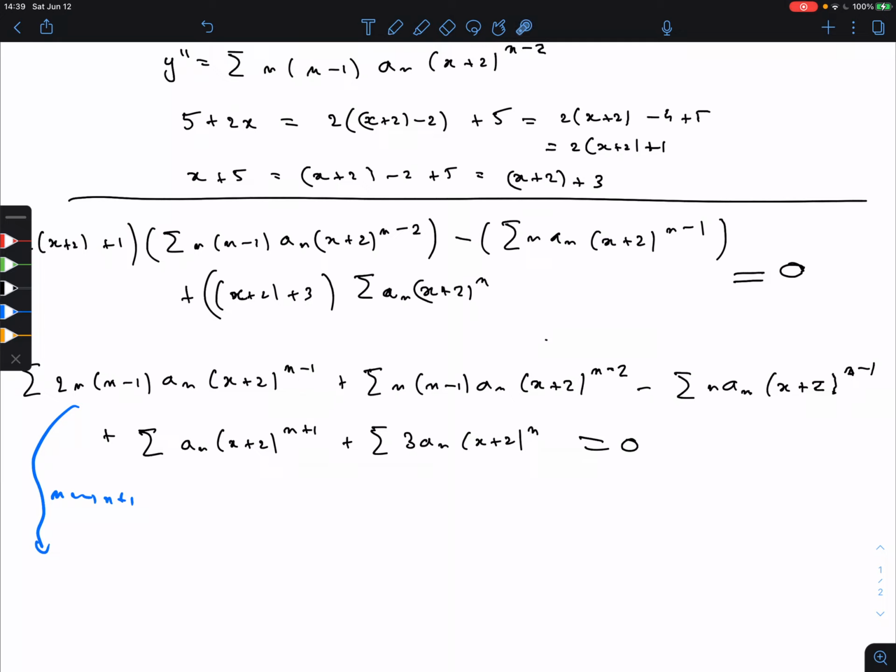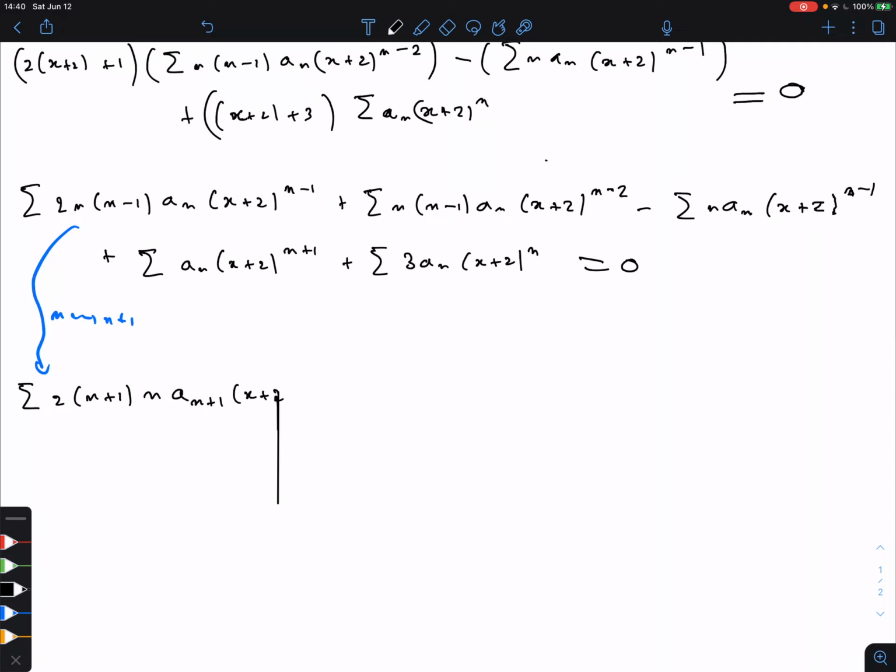So this gives me summation 2(n plus 1)(n plus 1 minus 1) a n plus 1, and now we get the right power, x plus 2 to the power n.